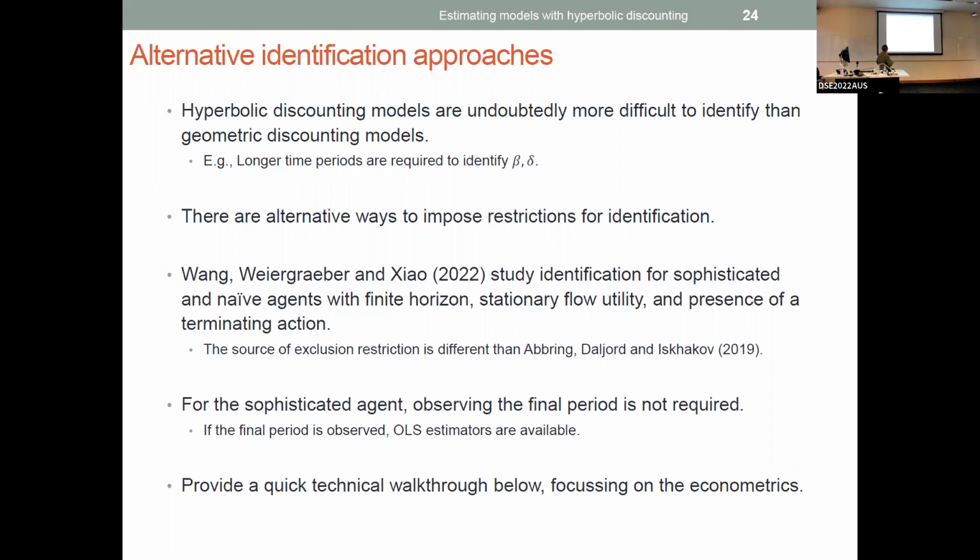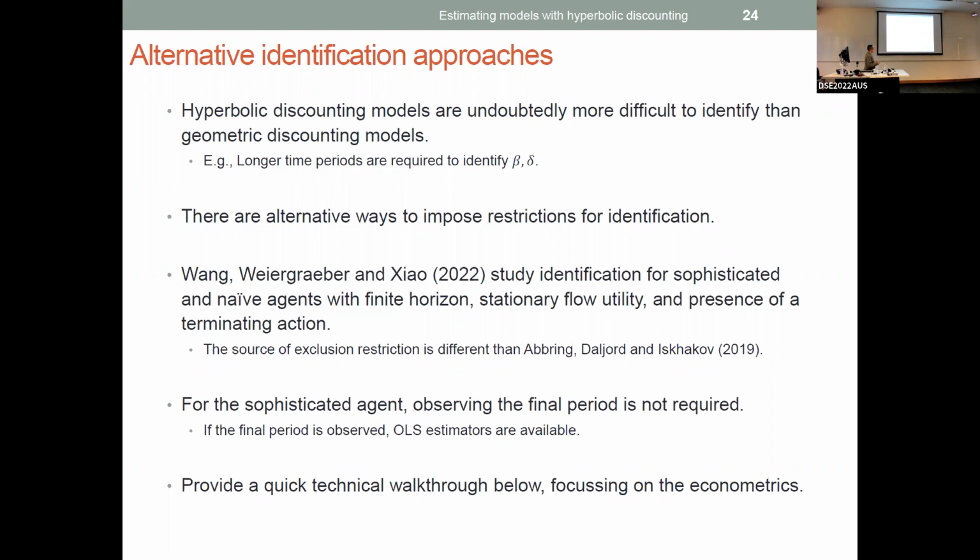There are alternative ways to impose restrictions on the model for identification. Wang, Graeber, and Xiao study identification for sophisticated and naive agents with, again, a finite horizon model. And I forgot to talk about the stationarity. They assume stationary flow utility, whereas in the Bring et al. approach, they don't assume stationarity in the utility function.